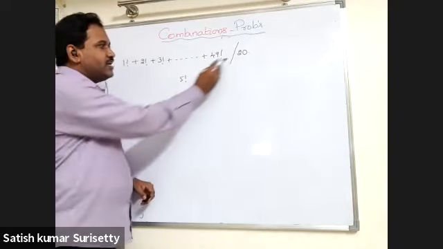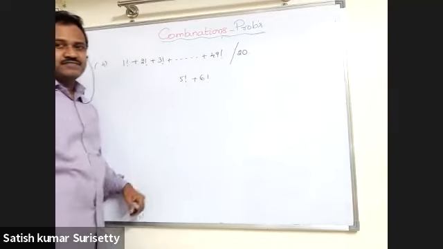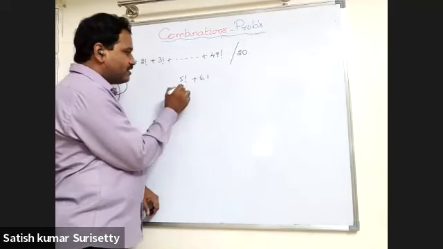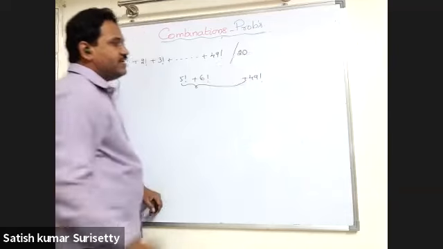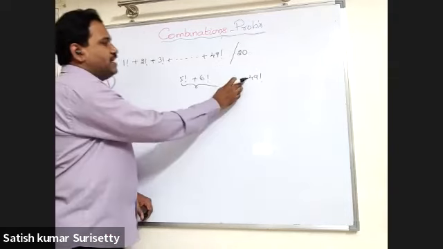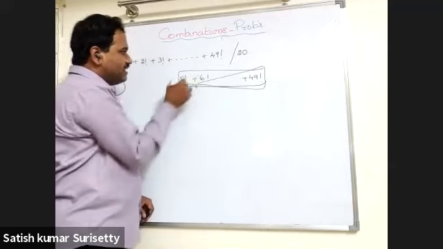Once 5 factorial contains 20, does 6 factorial also contain 20? Yes. That means 5 factorial onwards, all are divisible by 20. So I can eliminate these in this sum.